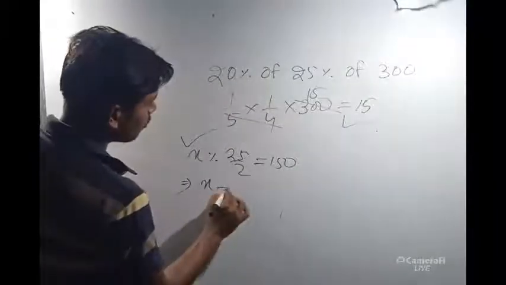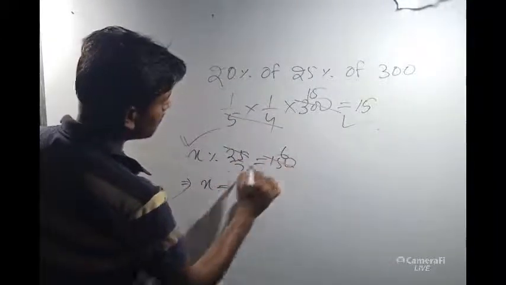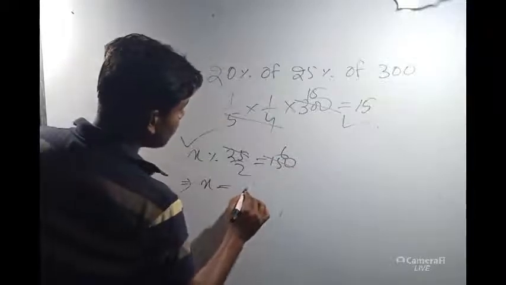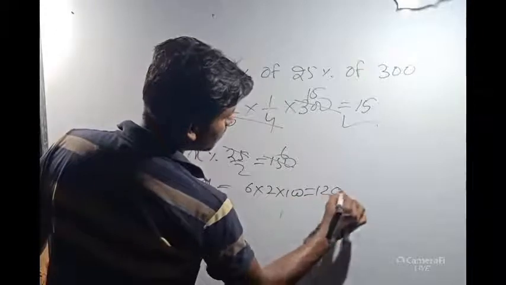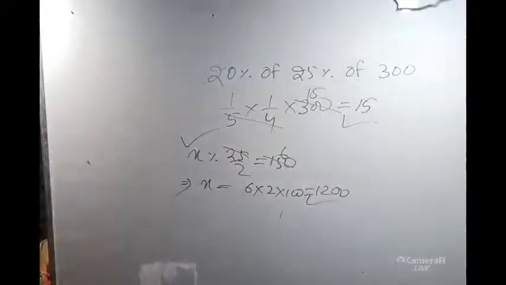Then x equals, 25 is cancelled, x equals 6 into 2 into 100, which means 1200.